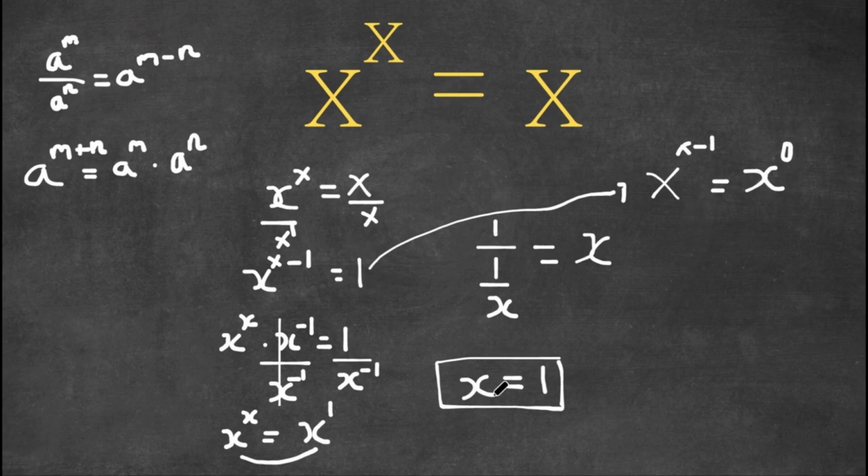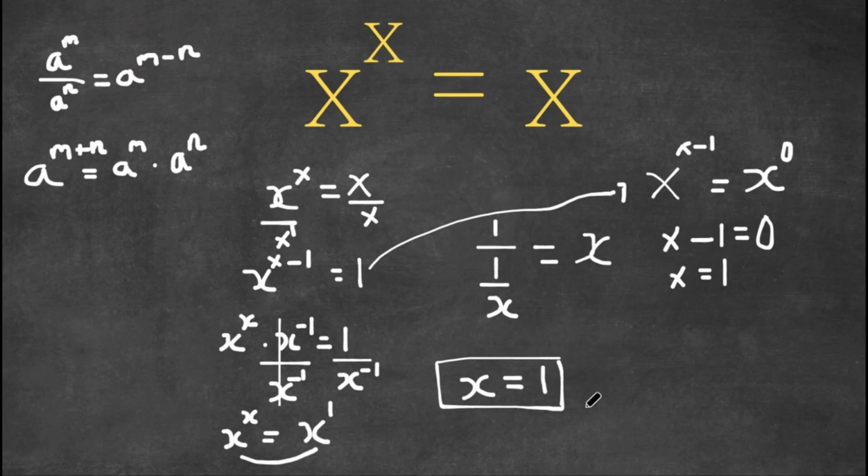Now, we're going to do the same thing as we did here. We're going to set our exponents equal to each other. So we set x minus 1 equals 0, and if we add 1 on both sides, we get x equals 1. So this is another way of doing it. And actually, we have our solution as x equals 1.